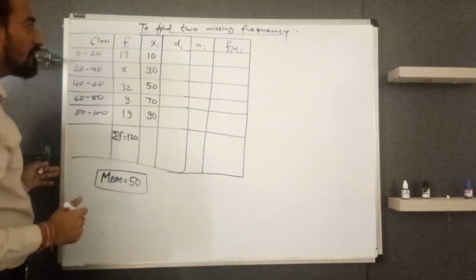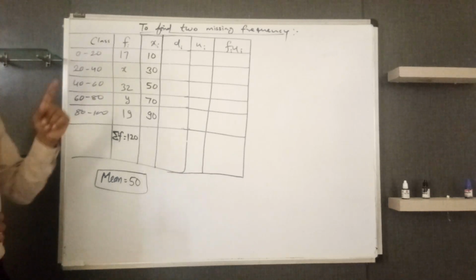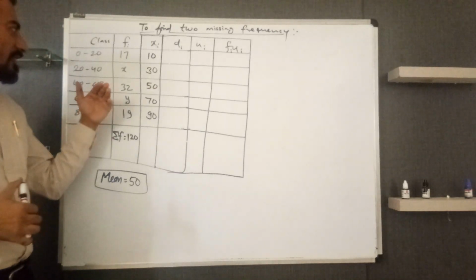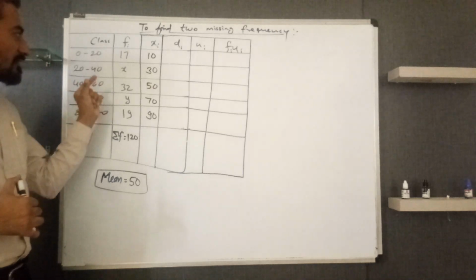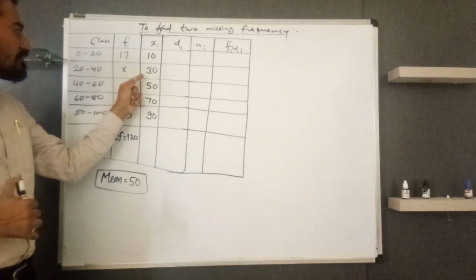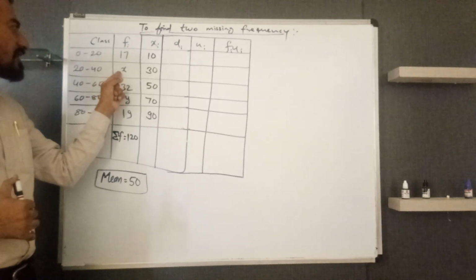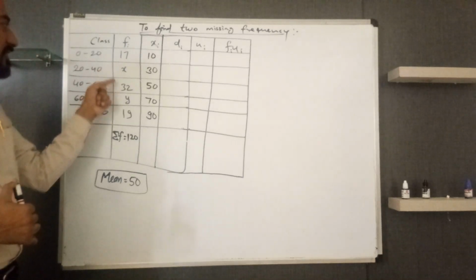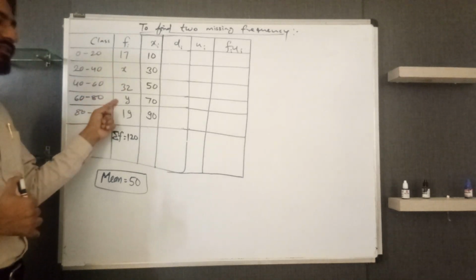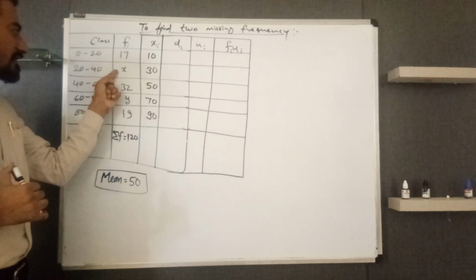The next d, how will we obtain? x minus a. In the previous example, I told you that the class mark respective to the missing frequency should be taken as the assumed mean. Here we have two missing frequencies, so you can follow any one. So we are following x.